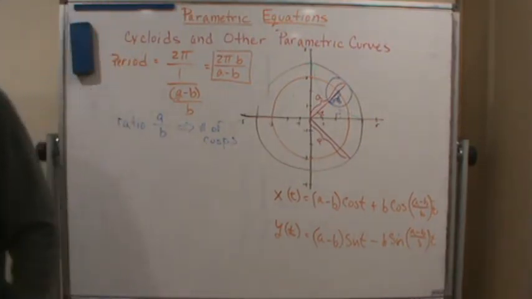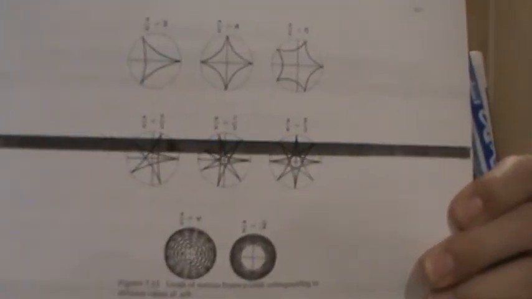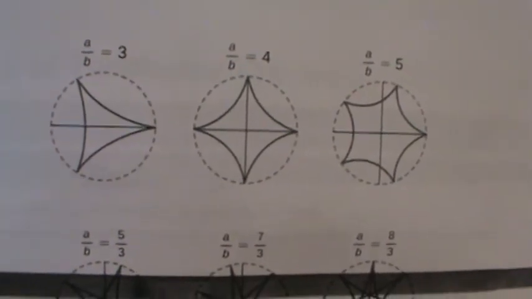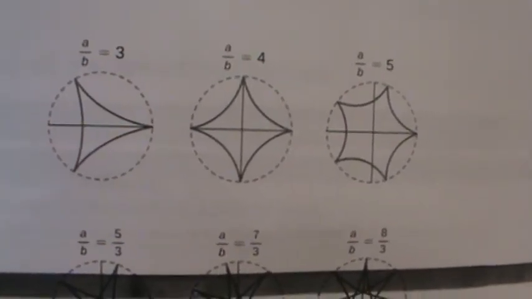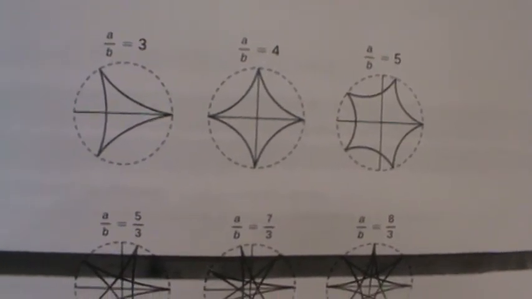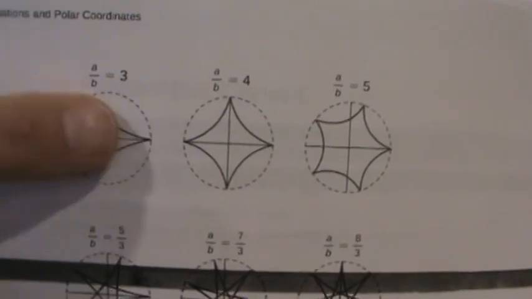And so here are some examples. Let me see if there's some examples. Okay, here we go. So here's some examples of some possibilities, giving you different ratios for A to B. Notice if the ratio is 3, you get 3 cusps.